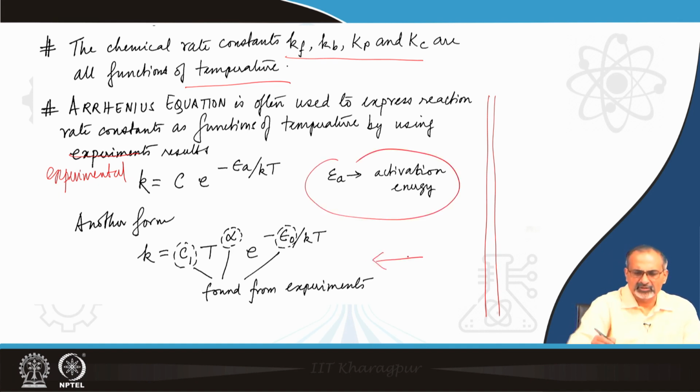Another possible form was this, where a number of those coefficients were actually obtained from experiments. You will later on see in this lecture that this form has been used in literature.